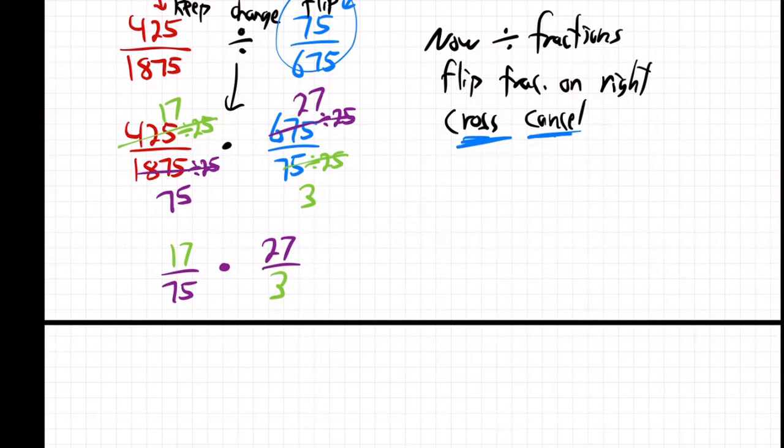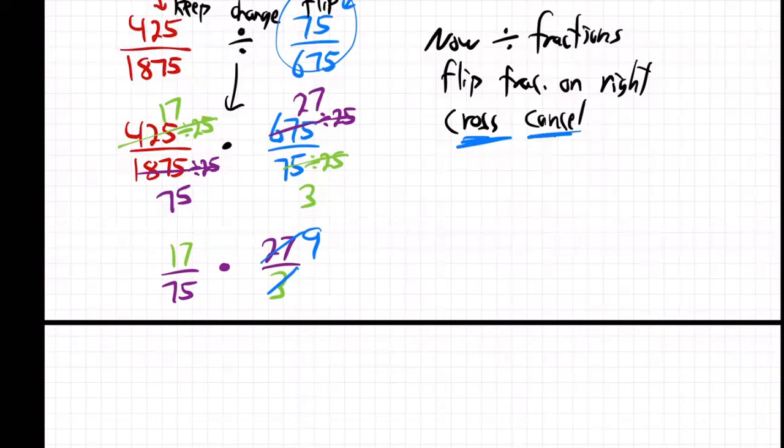I believe we can. 3 goes into 27 9 times. You can go straight up and down or diagonally. See how I went straight up and down that time? It doesn't matter, it's all good because it's canceling. You can't go straight sideways, but you can go top and bottom, straight up and down, or diagonally.